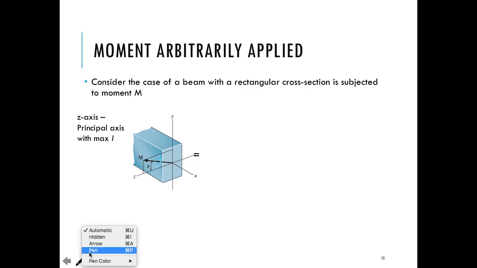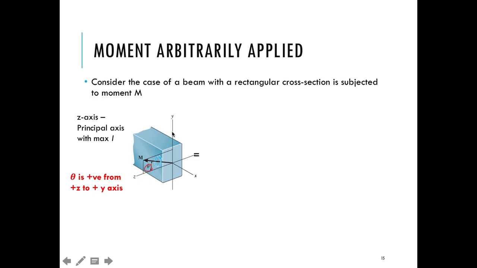This bending moment M is at an angle of theta from the z axis. I'm defining theta to be positive going from the plus z to the plus y direction.